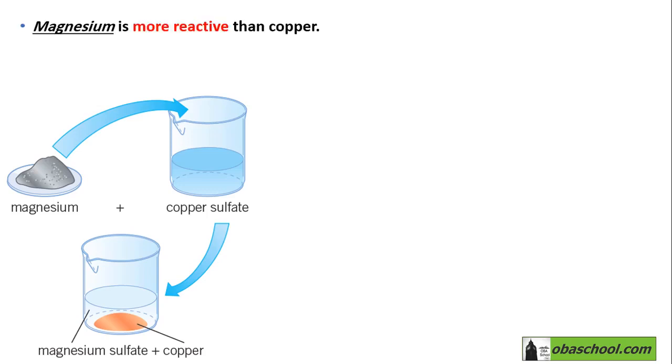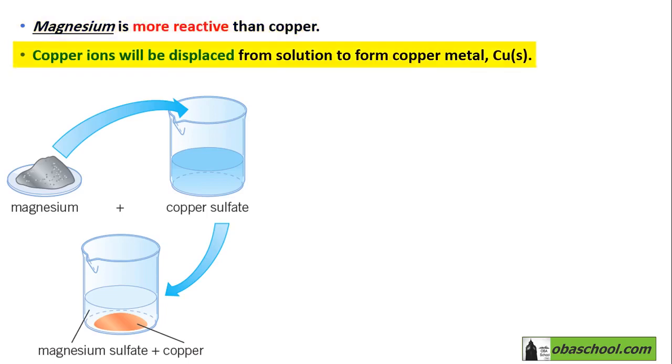magnesium is more reactive than copper. Therefore, copper ions will be displaced from solution to form copper metal. So the magnesium will kick out the Cu2+ ions from the solution and will take their place. It will sit in place of the copper ions.